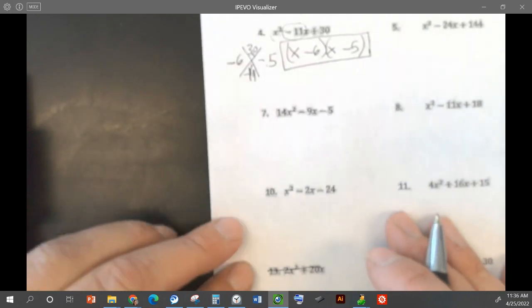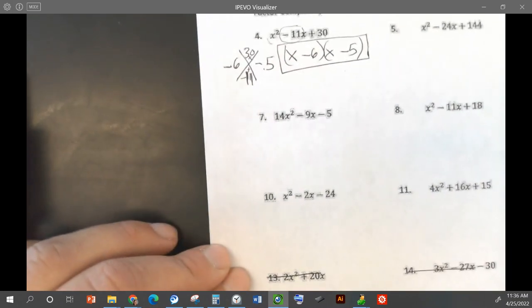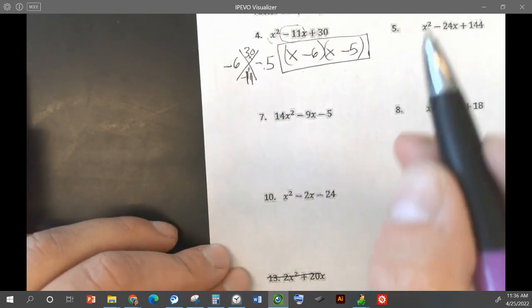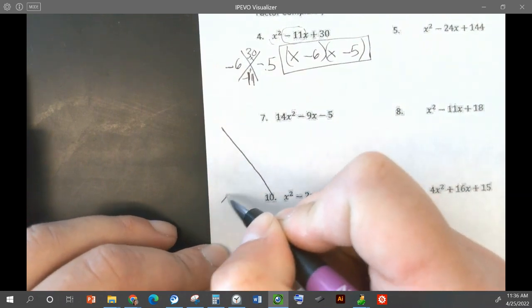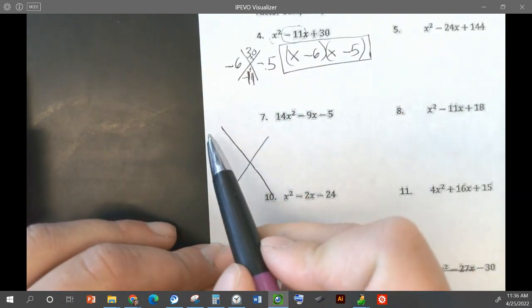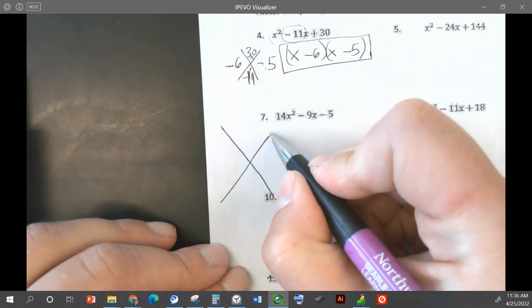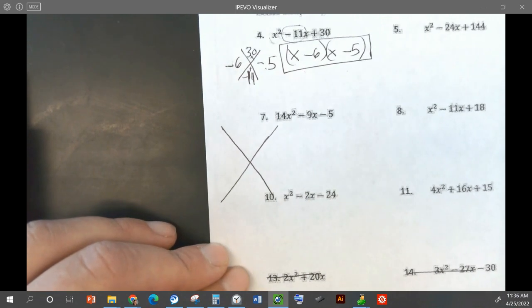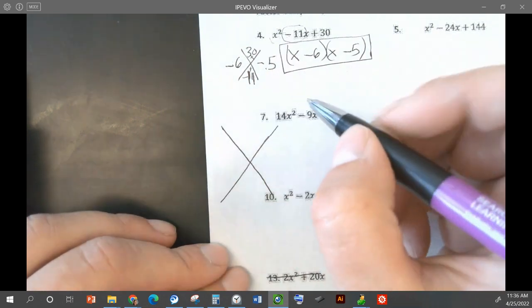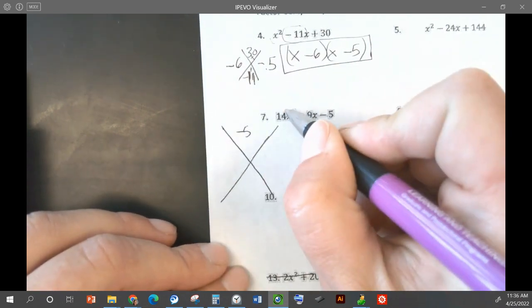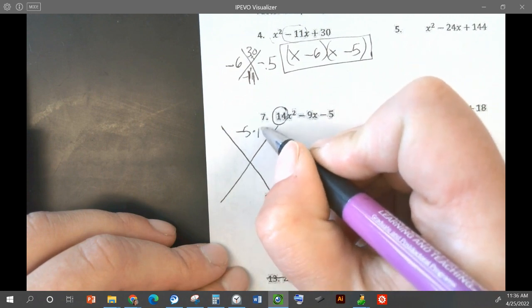Okay, look for another one that has a is not 1. Okay, 7. Let's focus. Okay, so I'm going to set up my x to factor. What needs to go on the top here? Good, negative 5 and 14.